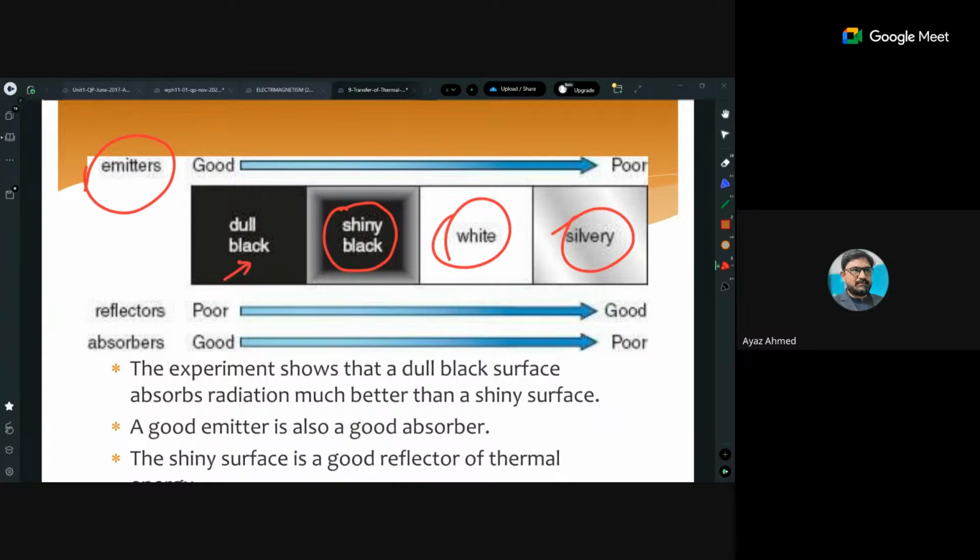So that is why, in the winter we usually wear dark shades, because the radiations are absorbed and the heat is contained in the body. Like in white, these shades are used in the summer, so that heat should be reflected, radiation should be reflected, and that should not warm up our body. So I believe this is also very clear to you. Yes, sir.